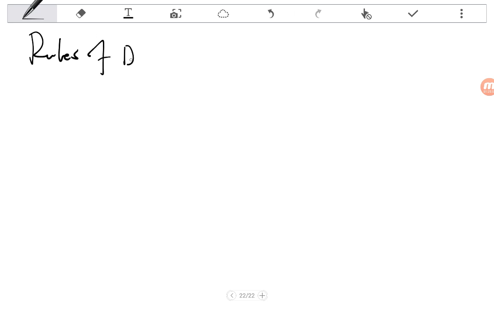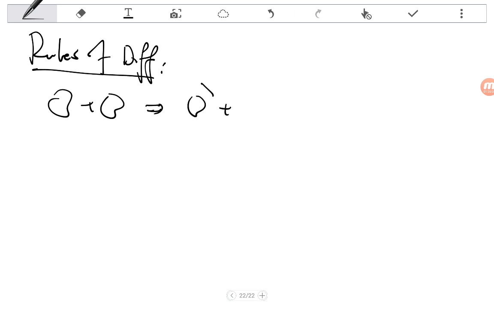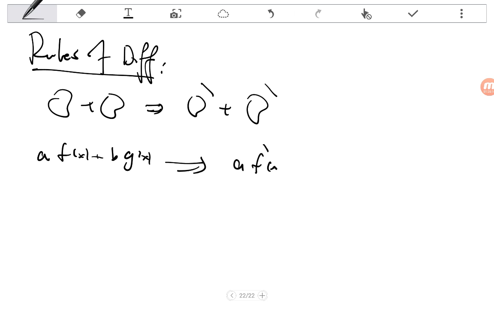Rules of differentiation. What are the rules of differentiation? First, if I have a function plus function, the derivative will be the derivative of this, then this. Very simple. It is called linearity. If I have a constant a f of x plus b g of x, the derivative will be a f dash of x plus b g dash of x.